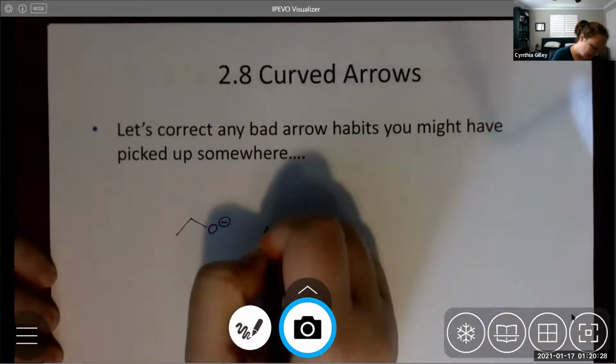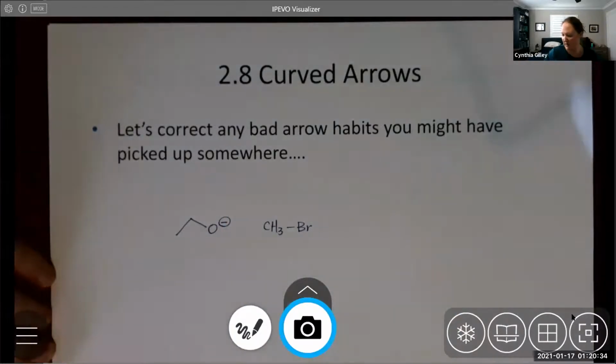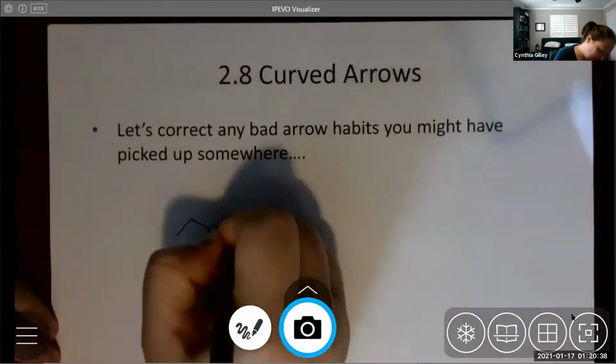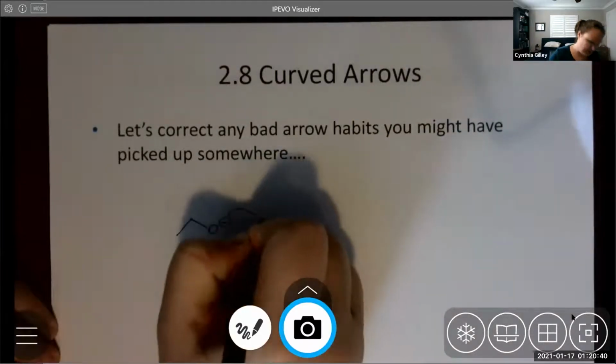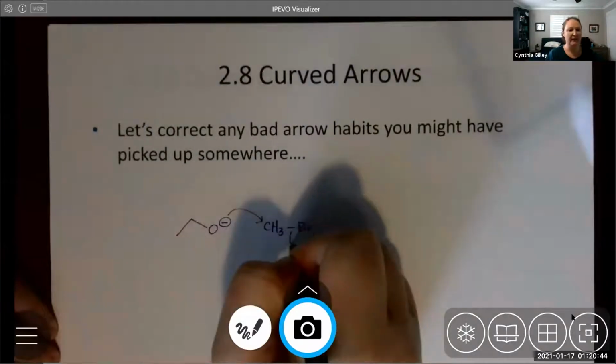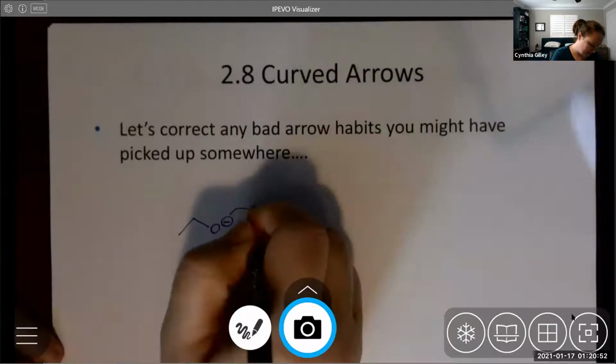So for example, I might draw methyl bromide to do an SN2 reaction. Commonly, I will see people start their arrow tail on the charge, to show the nucleophilic attack from the oxygen. So this is a big no-no.